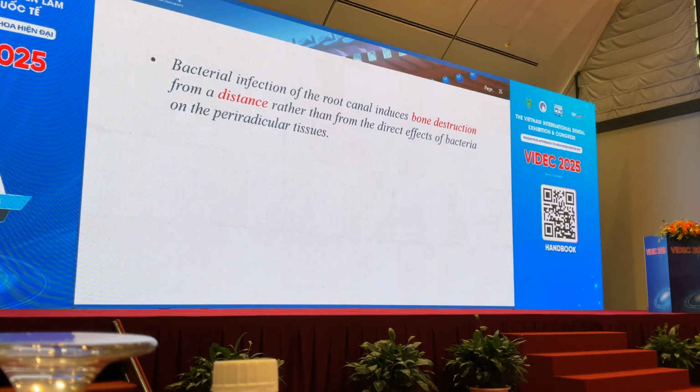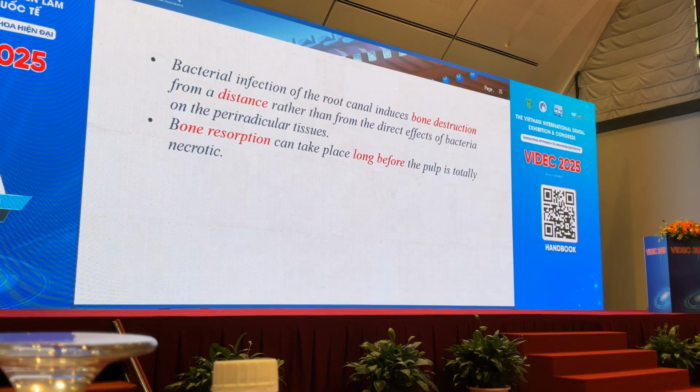And more importantly, the bone resorption can take place long before the pulp is totally necrotic. You may wonder, how did it happen?